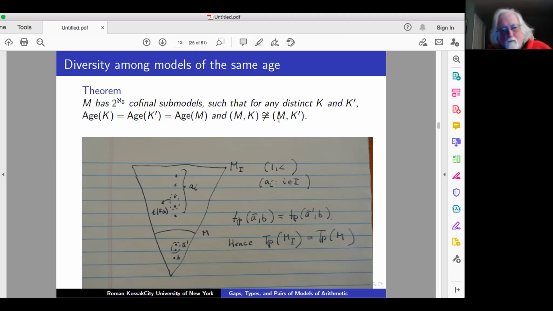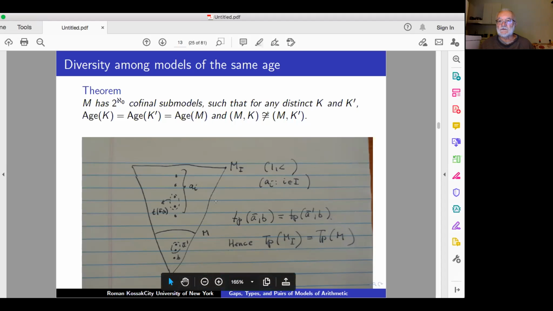I have some more formal description of the proof, but the proof is essentially on this drawing here. So I will try to explain the proof. Okay, so you start with a model M. This is your countable recursively saturated model, and a countable linearly ordered set.